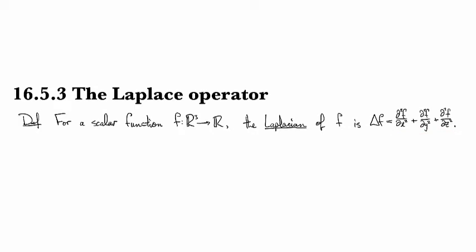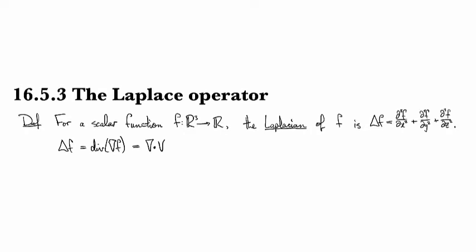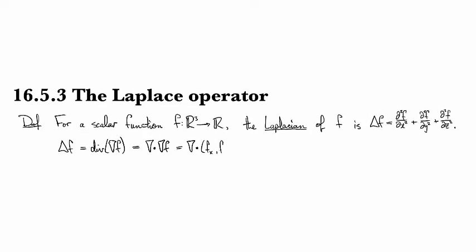Okay, and so this means that you can also think of the Laplacian of a function as being the divergence of the gradient of the function, or del dot grad of f, because that gives you the dot product with this vector right here.